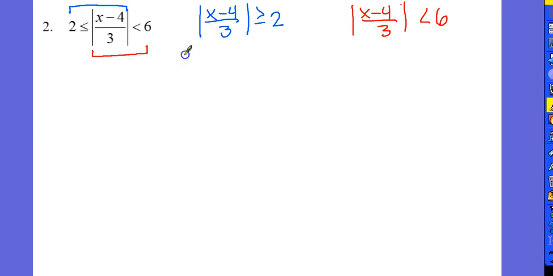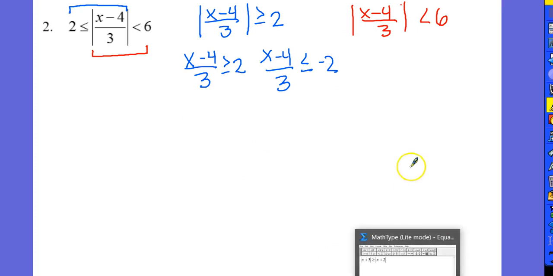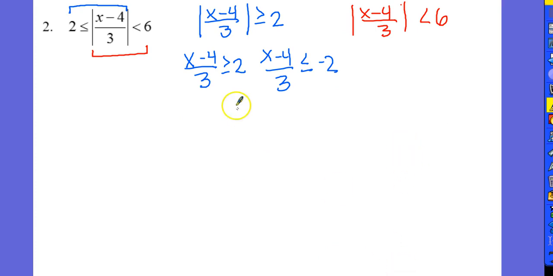Maybe so. Okay, so we get x minus 4 over 3 greater than or equal to 2, or x minus 4 over 3 less than or equal to negative 2. And we'll go ahead and solve that one first. So I would suggest we clear the fraction out of there so that we can solve for x.